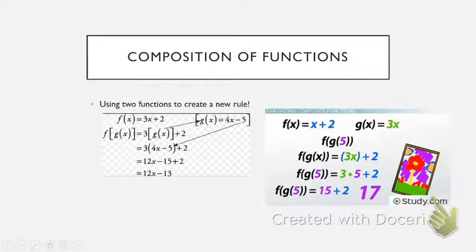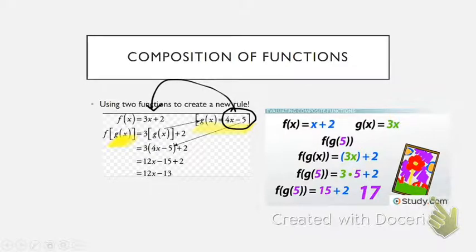So, if you look at these examples, f of g of x, let's look at that one. I want you to pay attention to what's inside, because whatever is inside becomes your new x. So this 4x minus 5 is going to be put into your x.